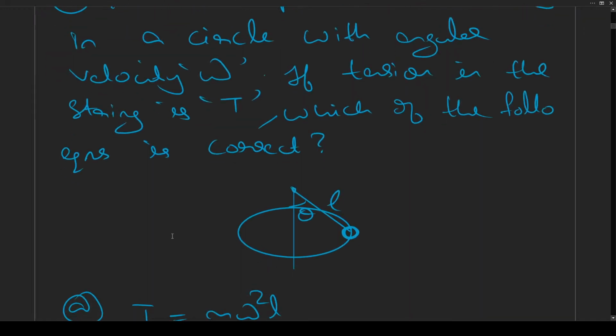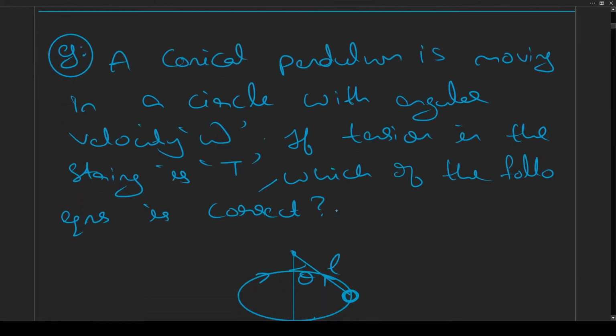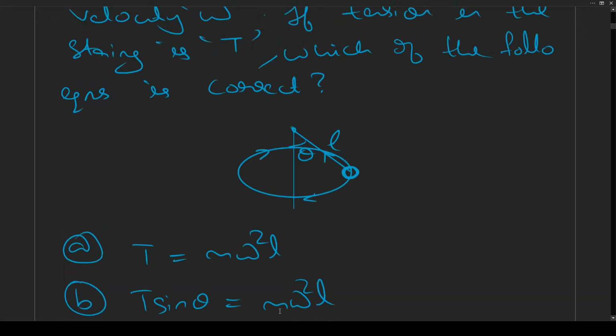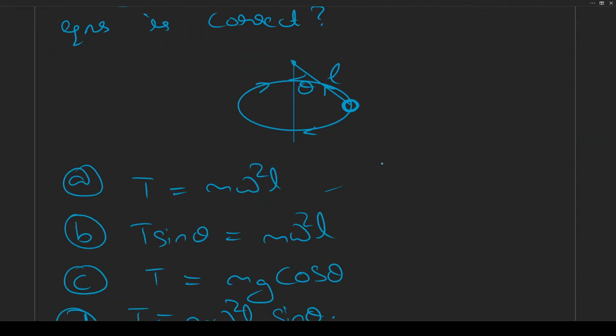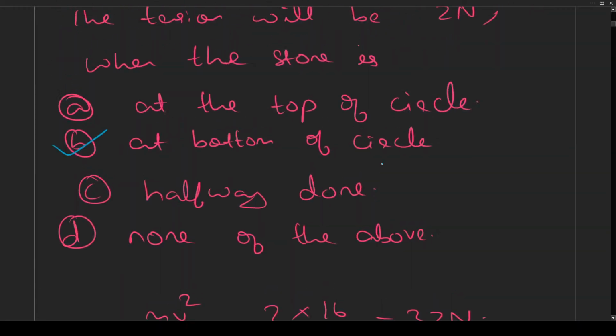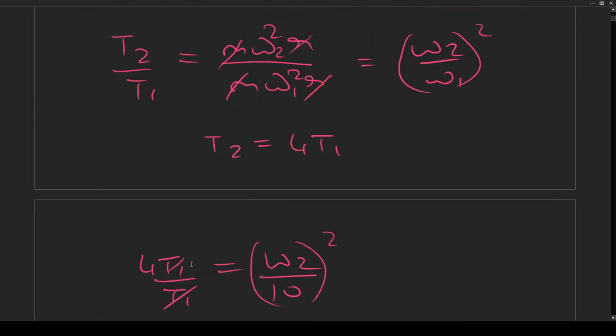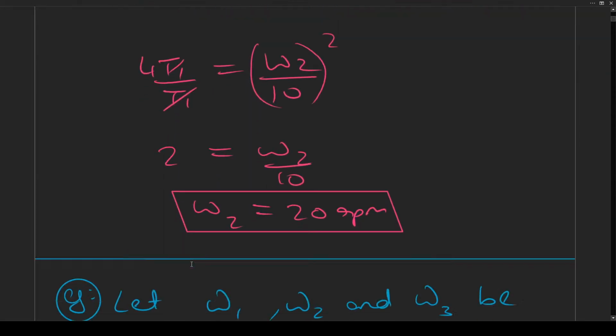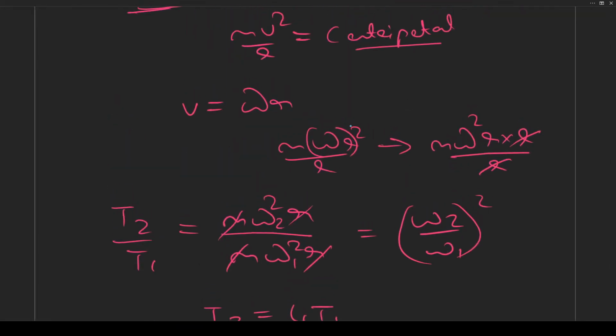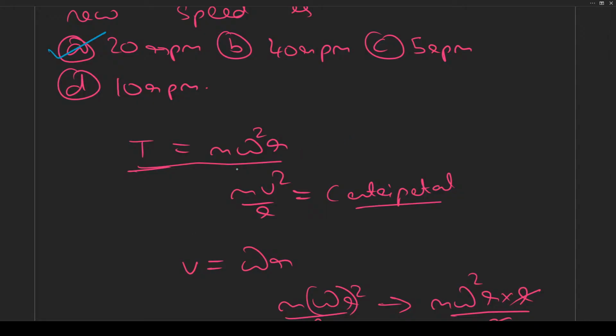Now they said there is a conical pendulum. It is moving like this. The bob is rotating like this. This is the tension acting. Now, if these are all equations for tension, which of these equations is correct? Obviously the answer is the first one, because we solved it before in our previous question, where we got tension equals m omega square r.